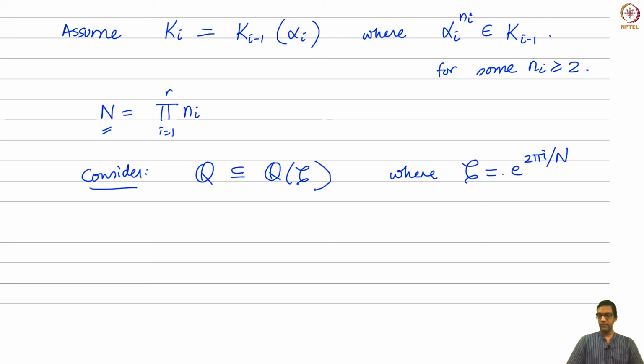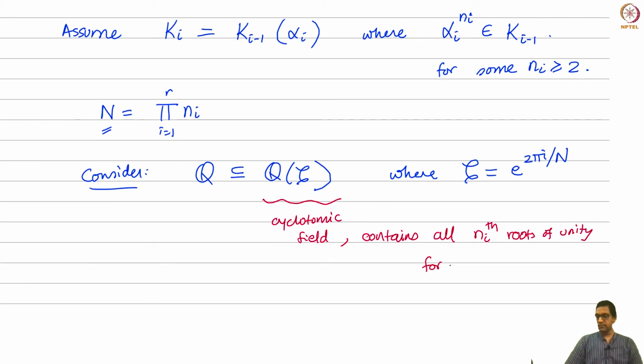Observe that this is the capital Nth root of unity, but this field also contains all the nth roots of unity. Okay, so this is a cyclotomic extension, this is a cyclotomic field, and further it contains all n_i-th roots of unity, right, because capital N is a multiple of n_i for all i.